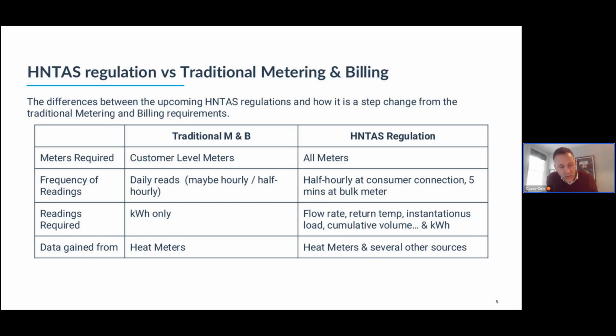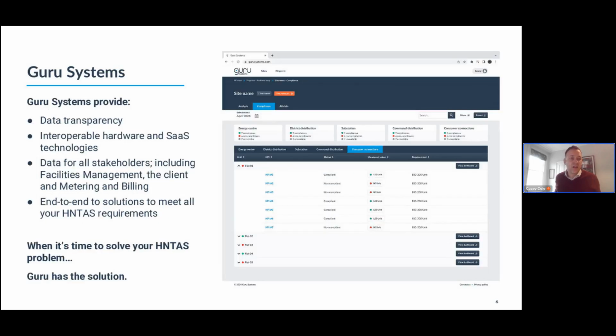In fact, water quality data might even come from a lab in some circumstances. So it's a really wide range of sources that we're going to be drawing from in order to do our HNTAS calculations.